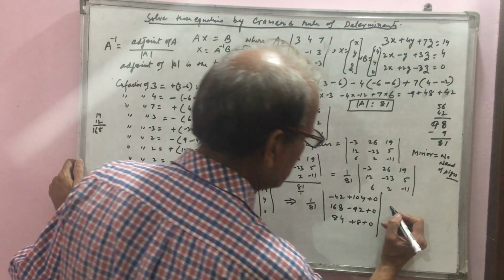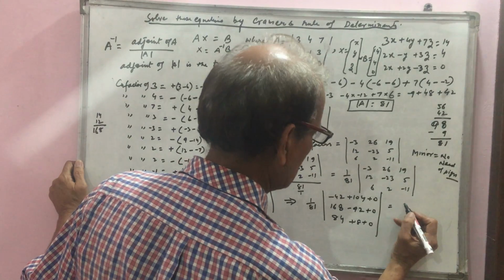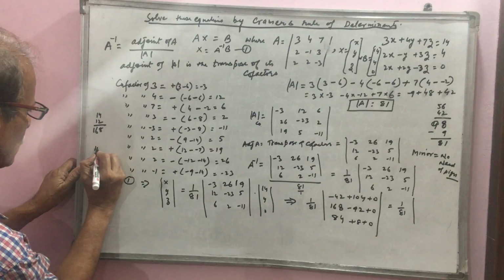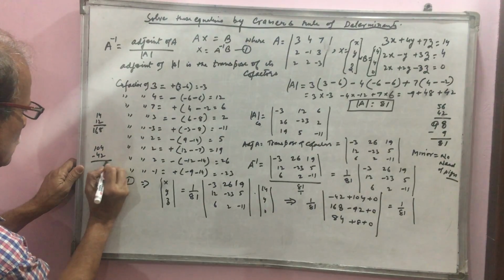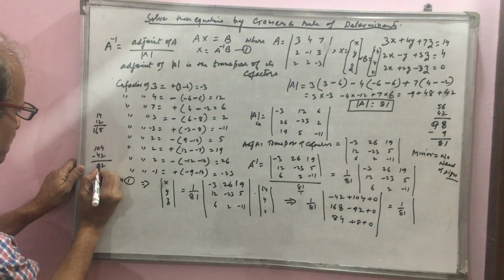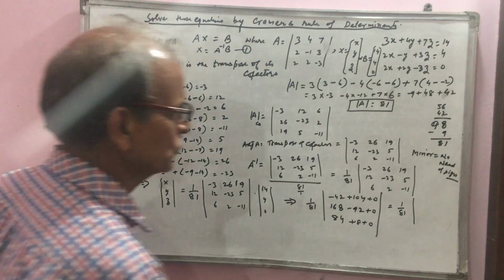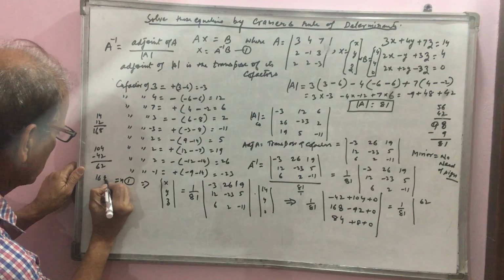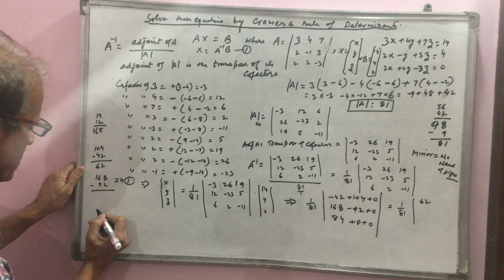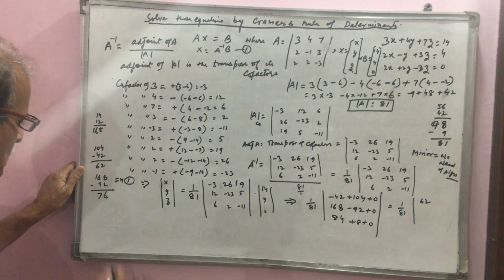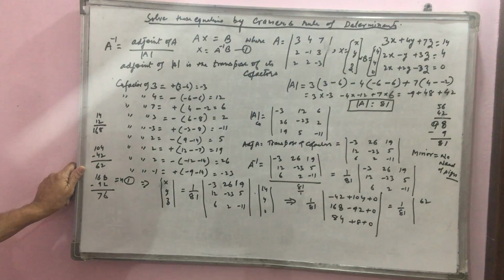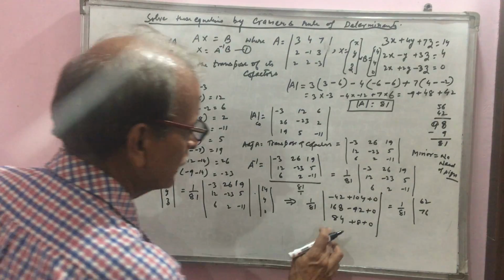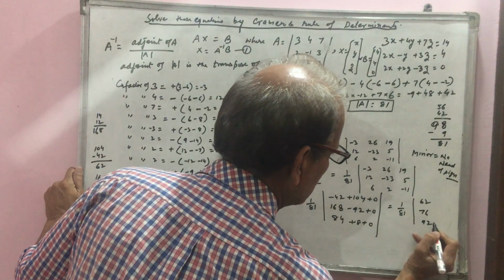So it will come as 1 over 81. Out of 104 you subtract 42, so it is 62. And 168, we have to subtract 92, it is 76. And 84 and 8 is 92.